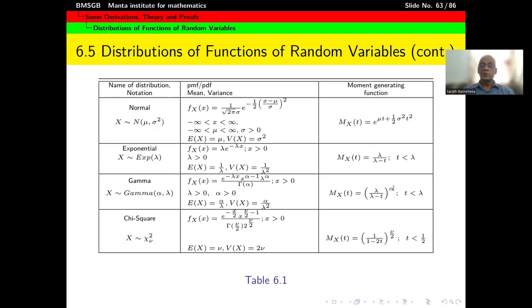If you can write the moment generating function of Y as something divided by the same thing minus t to some power, then it will have the same form as the moment generating function of a gamma distribution. So that's how you try to identify. Okay, so I think you can do it.